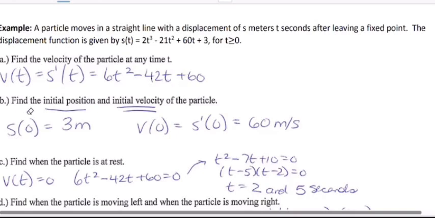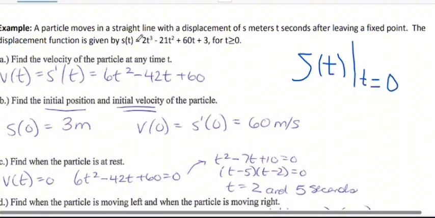Now, another question said, find the initial position and initial velocity of the particle. If you want to find the initial position, don't forget, I told you the other time, if I have s of t, our initial position is at time t equal to 0. So you need to go back to the function and plug in 0 wherever you see t.